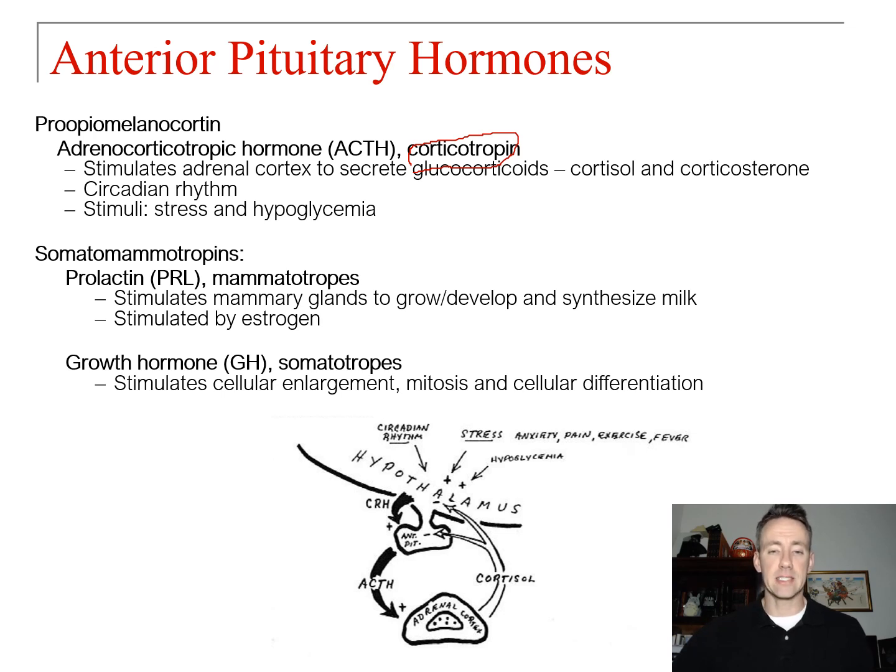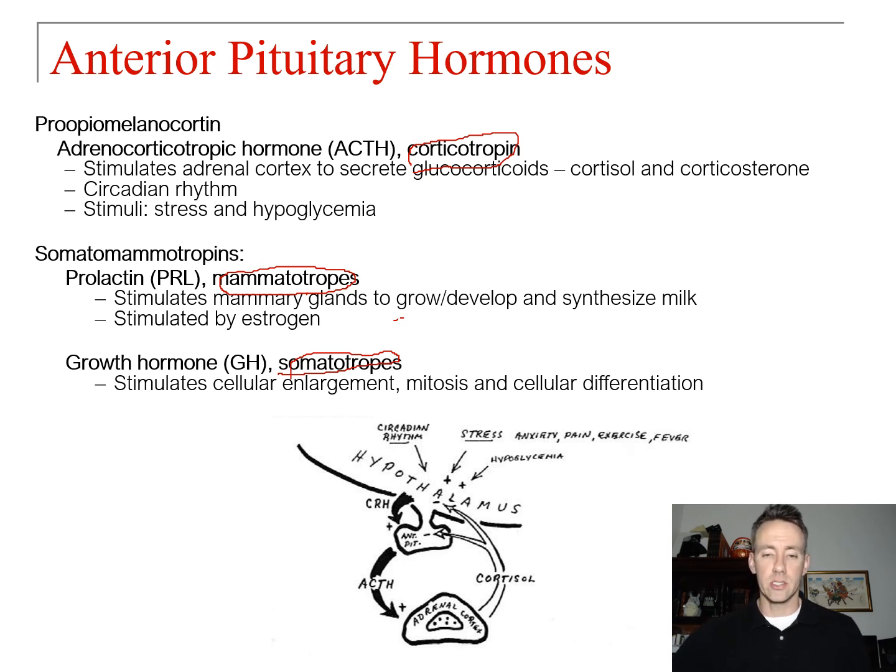The prolactin, mammotropes, again, because it's going to help produce milk. And then growth hormone, somatotropes, soma means body. So we'll talk about the effects of growth hormone today. That's going to help stimulate things like mitosis and cellular enlargement, as well as affect our metabolism.